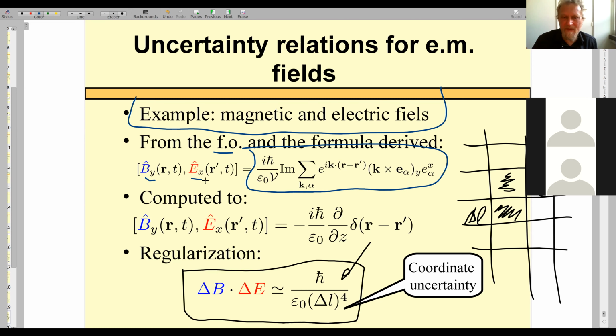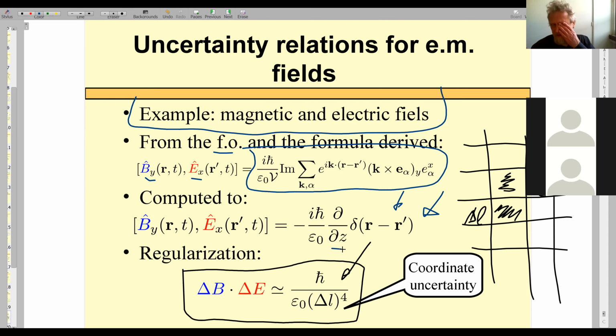It has to be converted to an integral, and the integral can be converted to these expressions. It means that the fields do not commute at different points. But if they come to the same point, they do not commute very strongly. It's a derivative of the delta function, right? The delta function, and this is the derivative with respect to that.